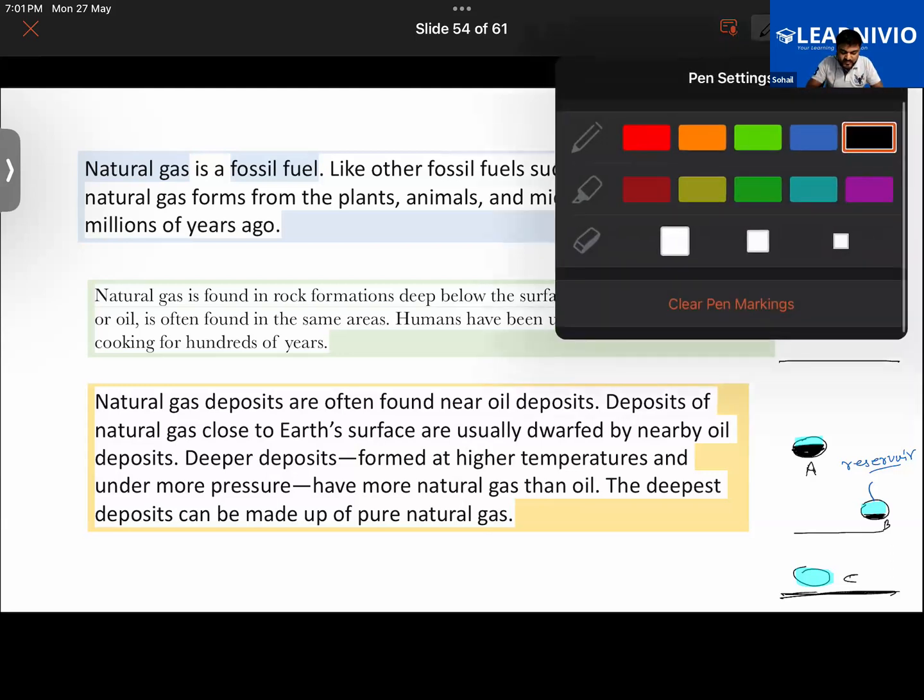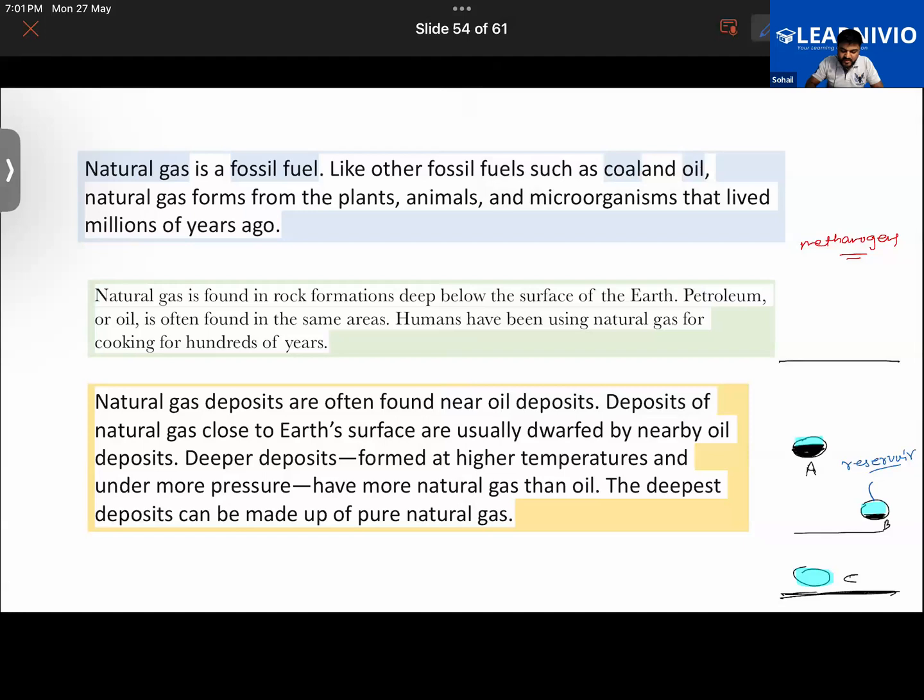basically, as you go deeper down into the Earth's crust, the pressure due to the layers of Earth on the dead and decaying matter will be more, and the temperature will be higher because the heat comes from within the Earth, from the core, isn't it, guys? Is it from the lava? Obviously, molten lava, but not only lava.